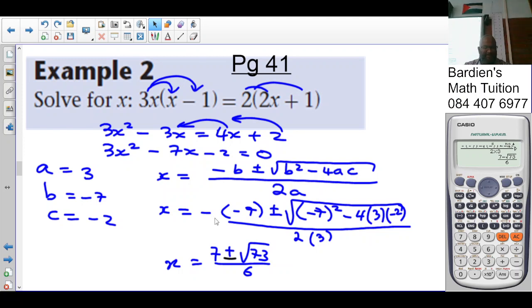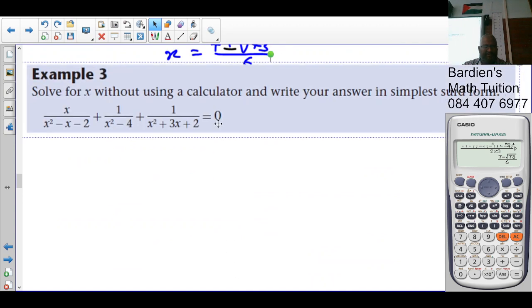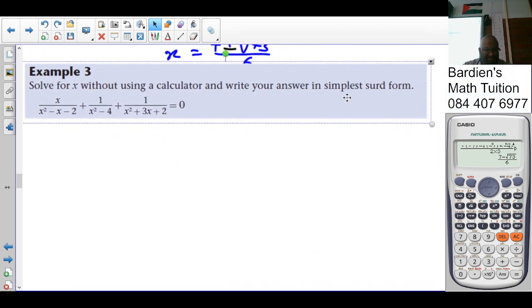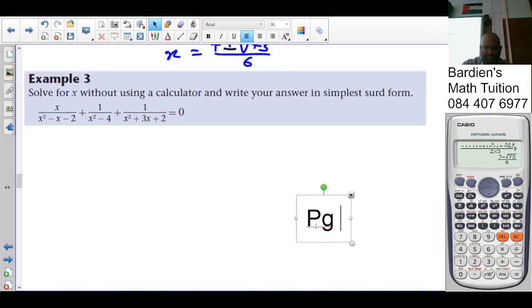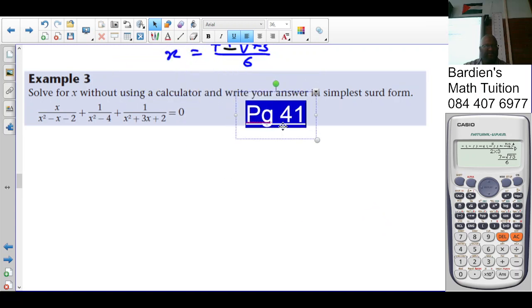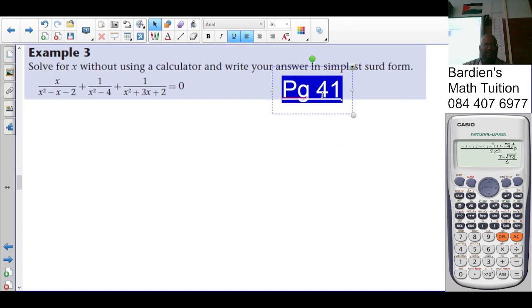Example 3, also on page 41. You got the right answer now.